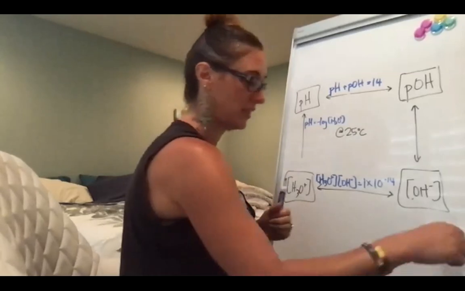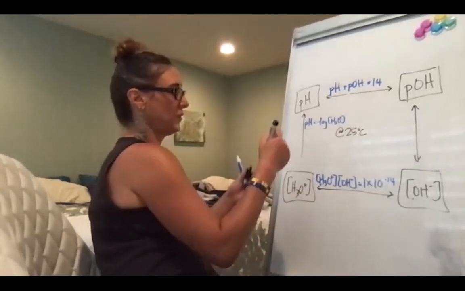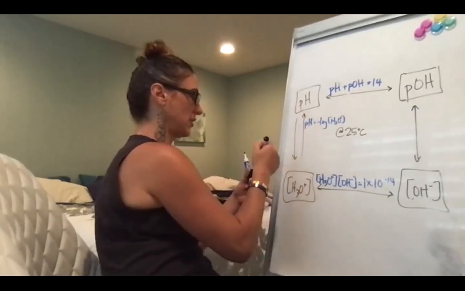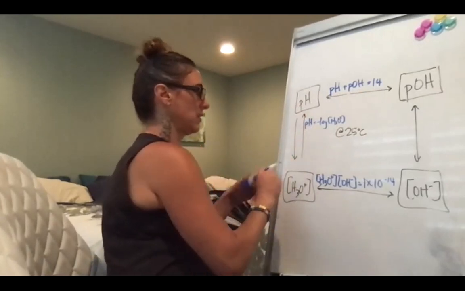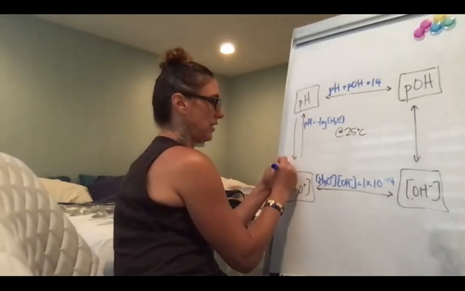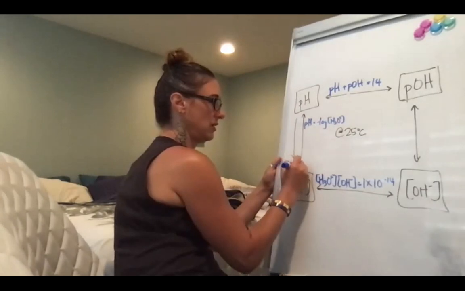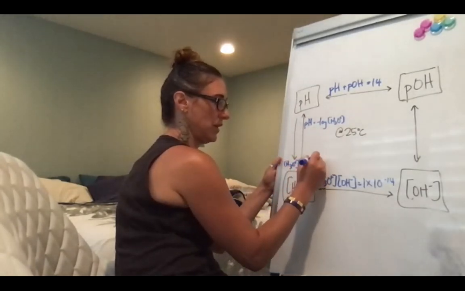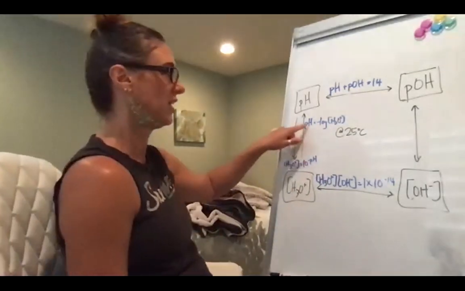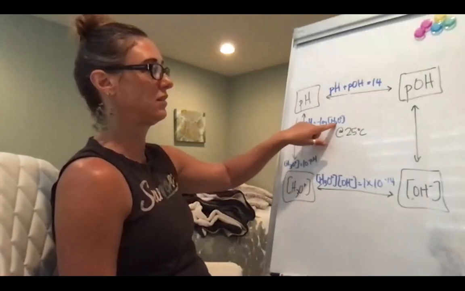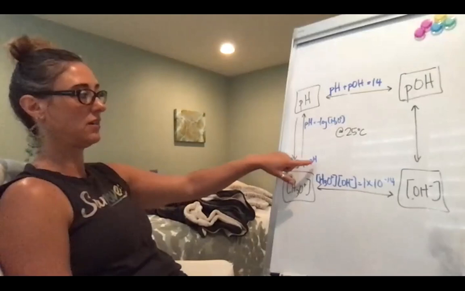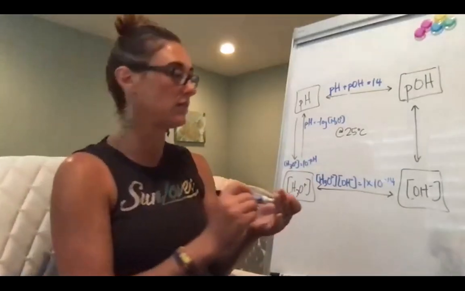If I do the opposite, where I give you pH and I ask you for hydronium, then you can use the inverse of this equation: the hydronium ion concentration is equal to 10 to the negative pH. These two are inverses of one another. It's just that if I give you the pH, it's a little hard to solve for hydronium ion concentration. All you have to do is 10 to the negative pH, which will give you hydronium ion concentration.